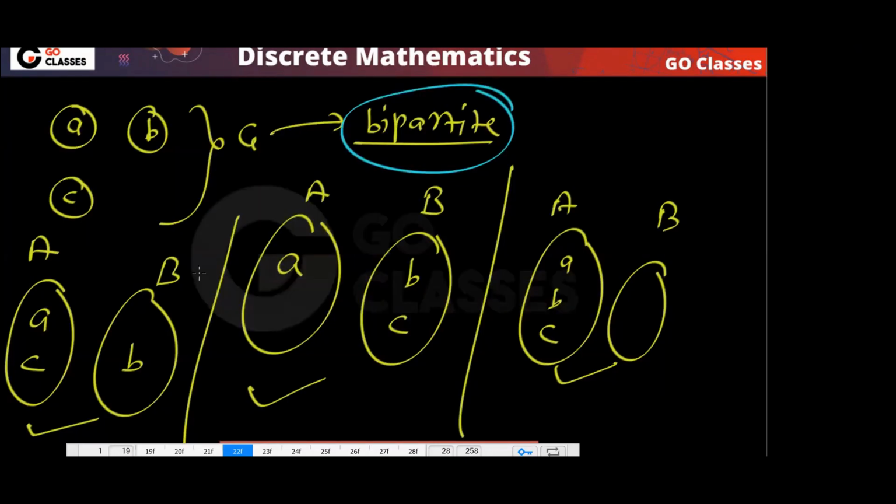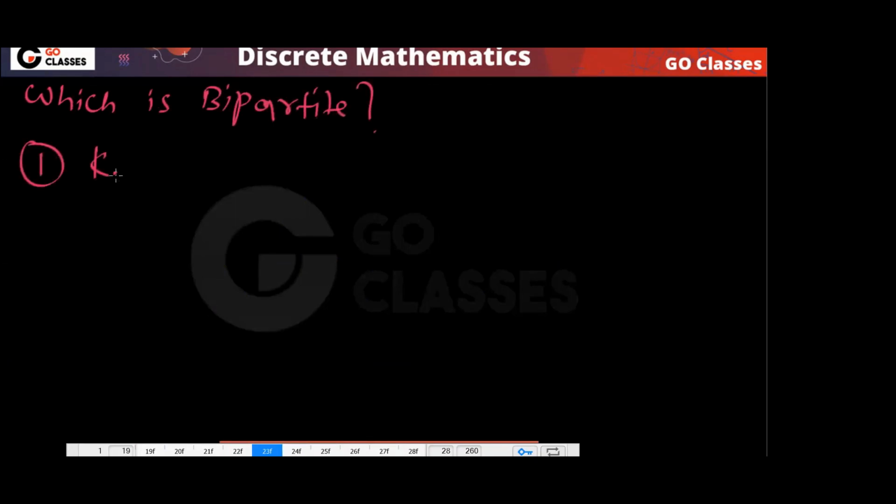Now let's see the next, that is hypercube graph. Are they bipartite? Let's see all of them. Which of them is bipartite? Tell me. All the categories, which are bipartite? For example, the first, can I say Kn is bipartite? The second, Pn, path graph.